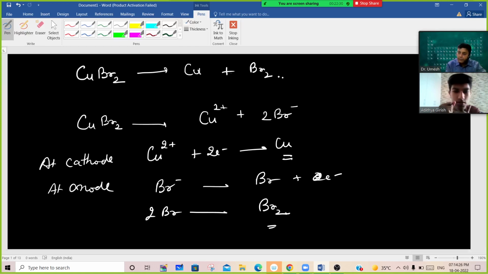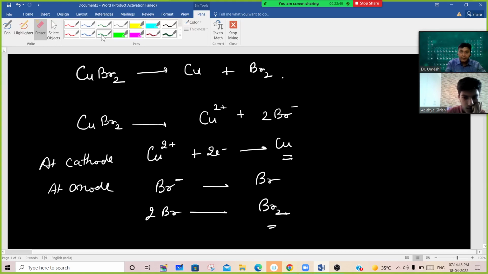When we did it in school, I know it was Br minus minus electron equals Br. Yes, it is the same thing. I'm writing here plus electron, or you can write like this also.